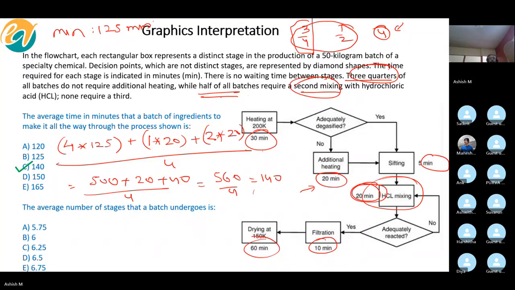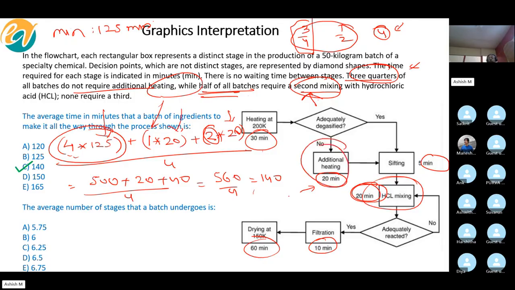That's the reason the minimum is 125 for every batch. Got it, sir. But out of these 4 batches, half, which means 2, require additional mixing. And notice 3/4 do not require additional heating, which means 1/4 of 4, which is 1, requires additional heating. And that additional heating is obviously 20 minutes.